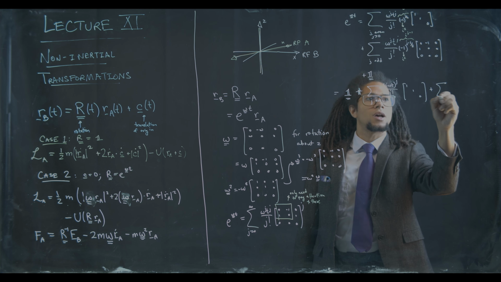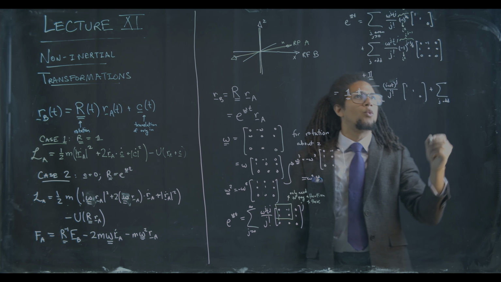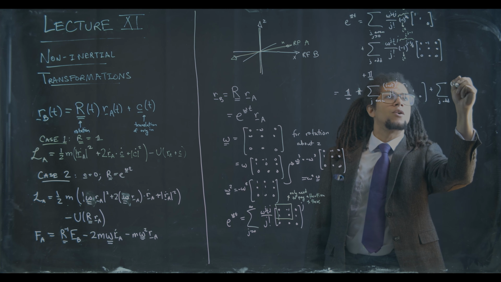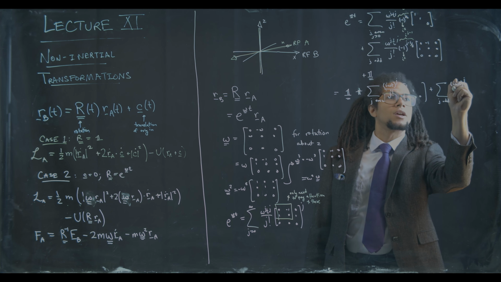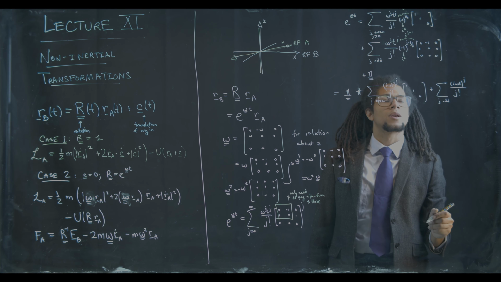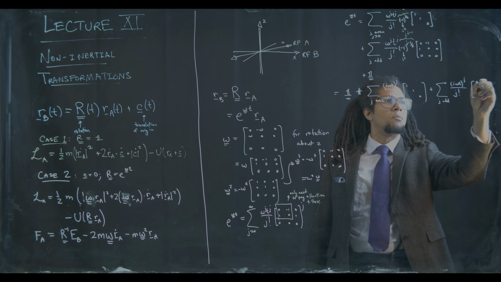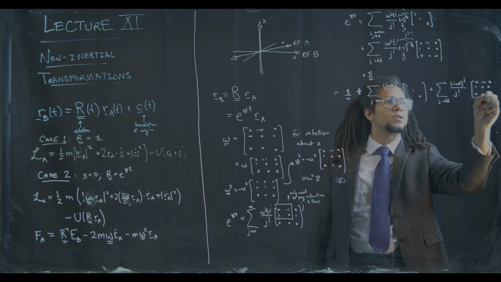plus the sum over all of the odds of, once again, i omega t to the j over j factorial times this matrix, 0, minus 1, 0, 1, 0, 0, 0, 0, 0.